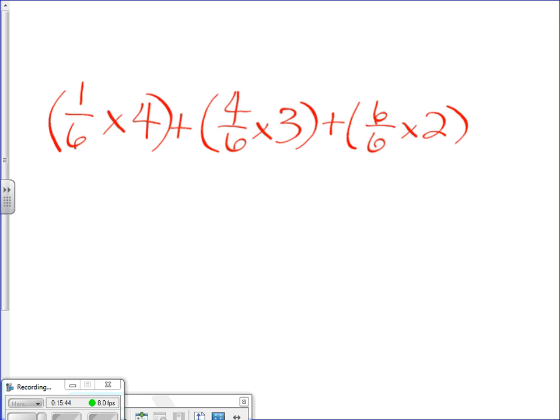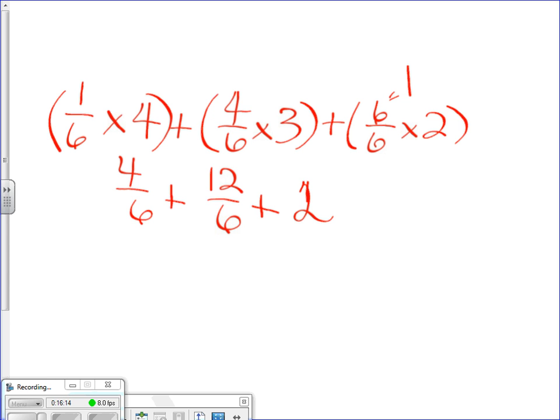That's what your number sentence could look like. So 1/6 times 4 would be 4/6 plus 12/6 plus... wait. That is technically 2 because 6/6 is equal to 1. It would be 12/6 or just 2, because 6/6 is equal to 1 and 1 times 2 is 2.